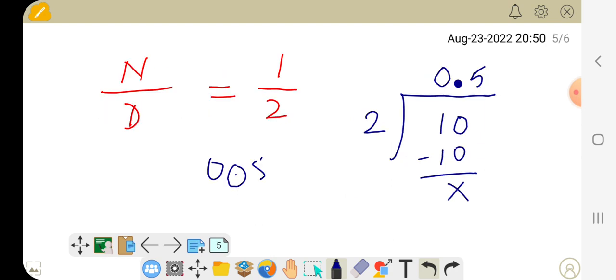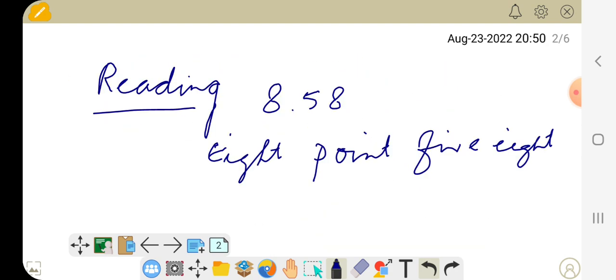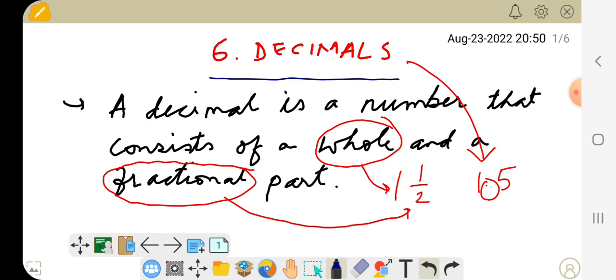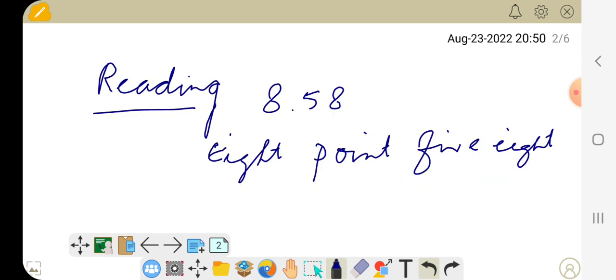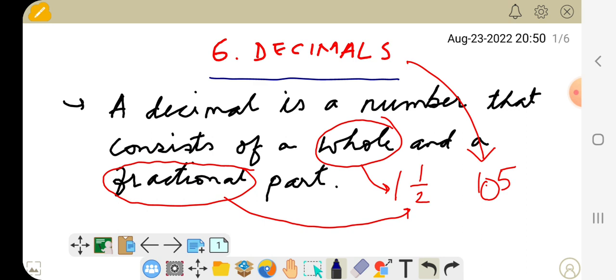So today we have learned about decimals, the definition. A decimal is a number that consists of a whole and a fractional part. Like 1 is the whole here, and 1 by 2. When I divide 1 by 2, it will be 0.5.